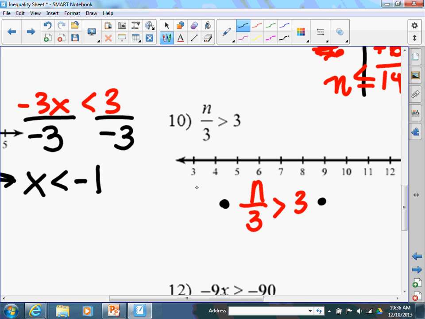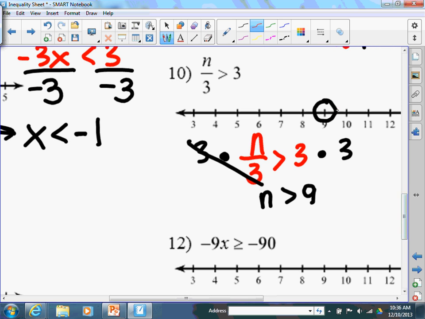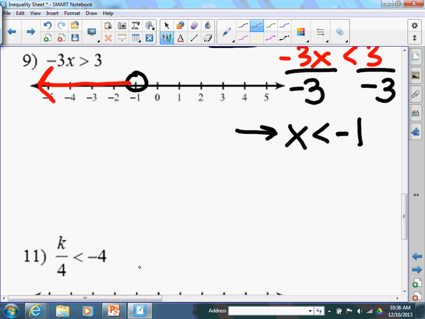By 3. The number stays the same. All right, these cancel. And then we get 3 times 3 is? 9. Open circle or closed circle? Open. Which way do I shade, right or left? Good job.